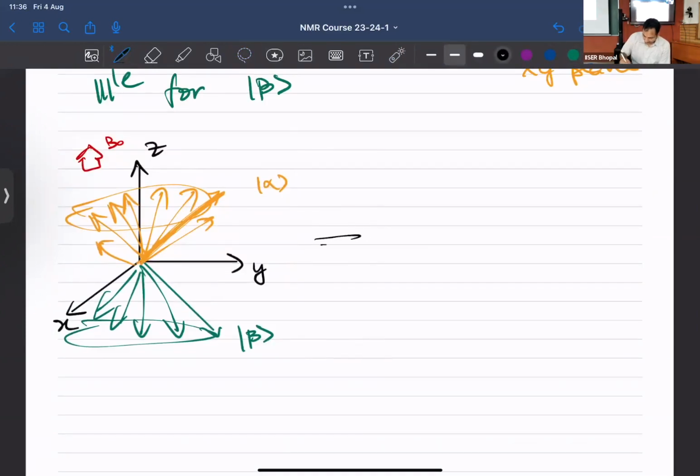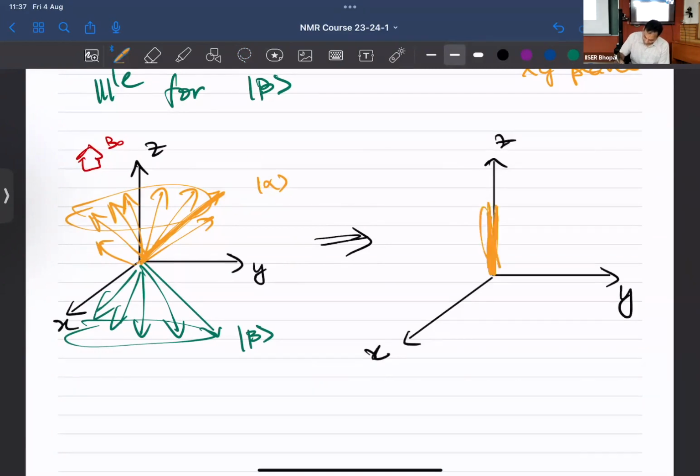This will result in a scenario where all the alphas will bunch up and add up together. All the betas will add up, and we can call it a magnetization because we are talking about the net equivalent that comes as summation over all the spins.